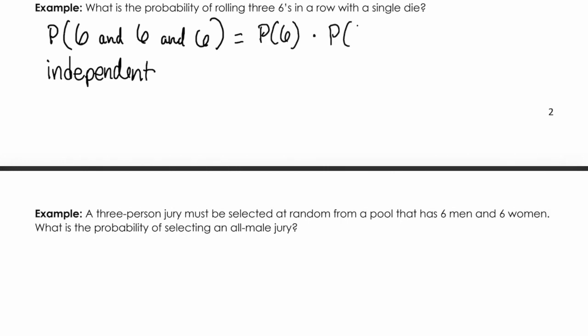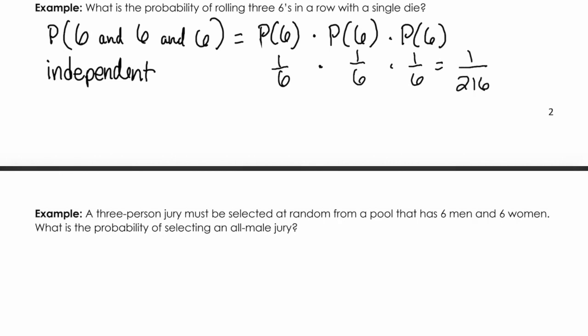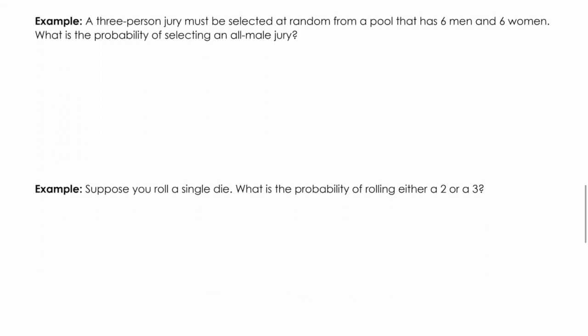So I want to find the probability of getting a 6, and then multiply it by the probability of getting another 6, and then multiply it by the probability of getting another 6. So the probability of getting a 6 is 1 out of 6. I multiply that all together and I get 1 out of 216. That's my probability, 1 chance out of 216 of getting 3 6s.